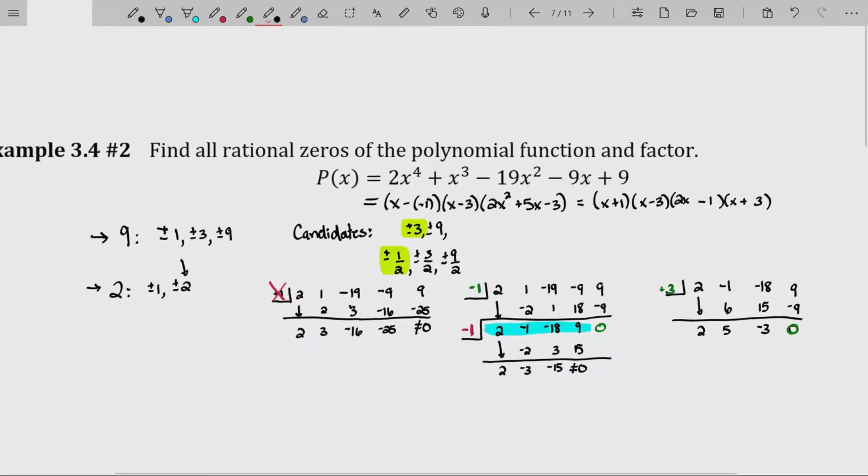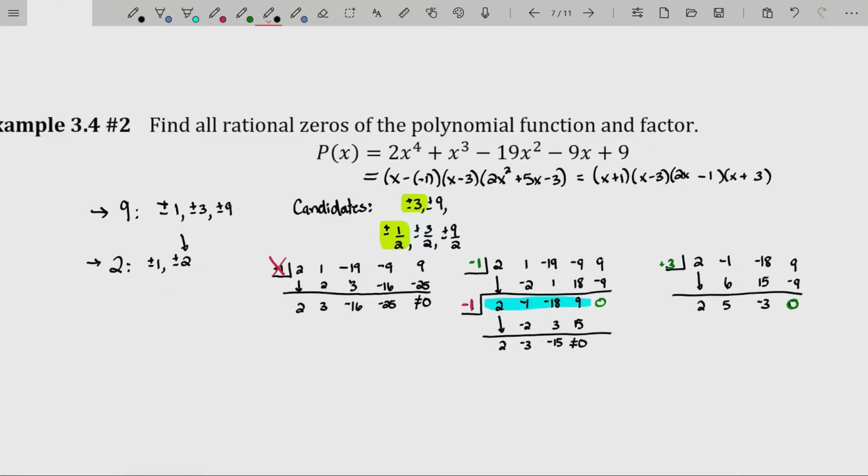And they did ask me to find all the rational zeros, so I should state them. Remember the zeros: if x minus c is a factor, then c is a zero. So our zeros are x equals negative 1, x equals positive 3. I'm just looking at these guys right here.